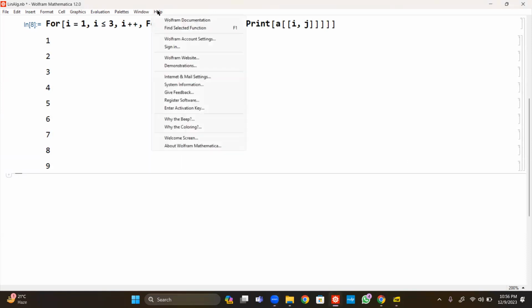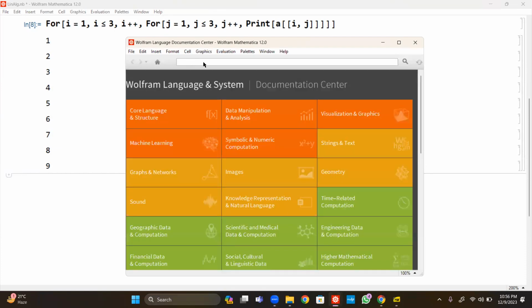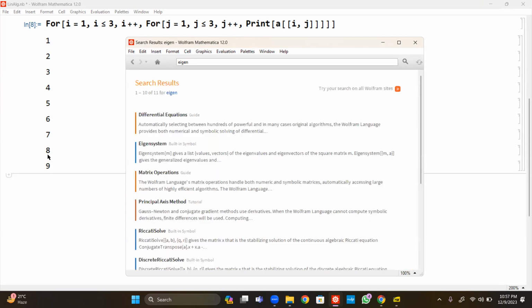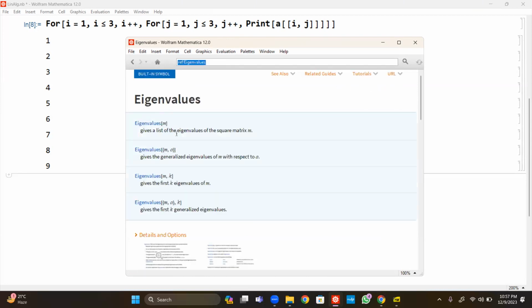First of all, go to Help, and in the Documentation Center, just write eigen. Okay, so let's write Eigenvalues. You can see that there is a function Eigenvalues that will just give you the eigenvalues of a square matrix.